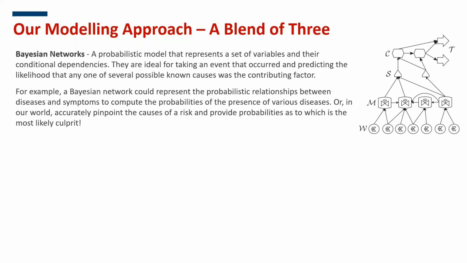So, for example, a Bayesian network could represent a probabilistic relationship between diseases and symptoms, and then be used to compute probabilities of the presence of various diseases. So in our world, that would accurately pinpoint causes, as I touched on there, and highlight which is your most likely culprit, what's driving your results. So that's the first element.